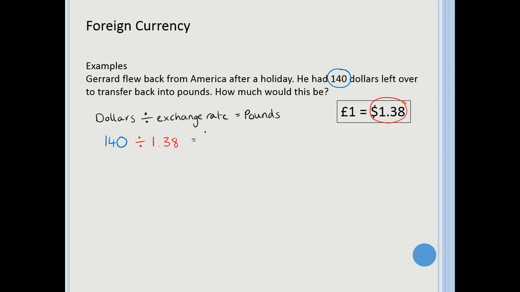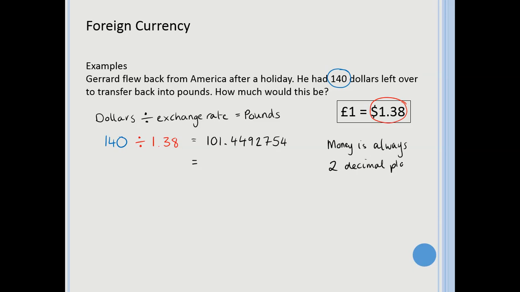And that's going to give me 101.449275. Now you're probably saying to yourself, wait a minute, that's a big long decimal, and you are absolutely correct. So remember, money is always two decimal places.